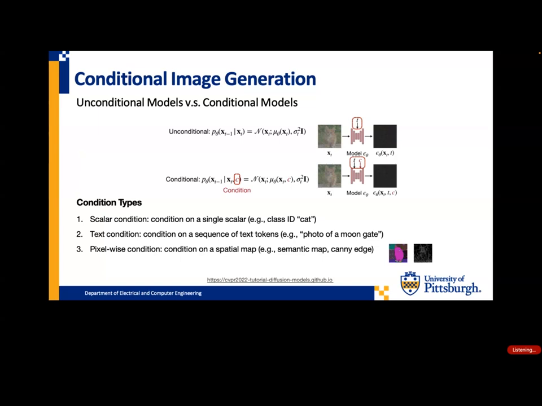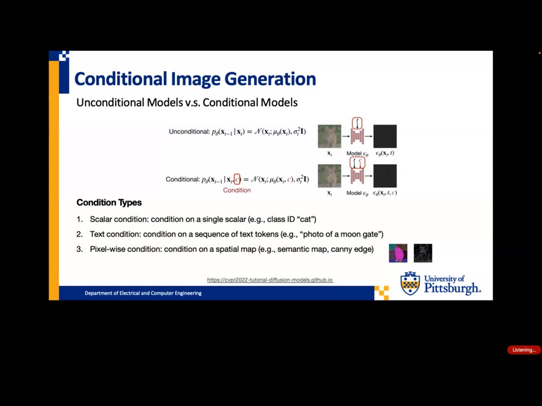If you look at the process, for the model to generate the noise for unconditional diffusion, you just have the step number t. For the conditional case, we add the condition into this model as an input, so we train the UNet or the transformer to learn the condition. Again, just as with conditional GAN, the condition can be a lot of things.